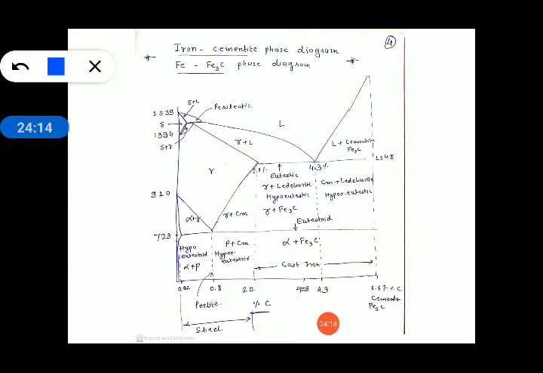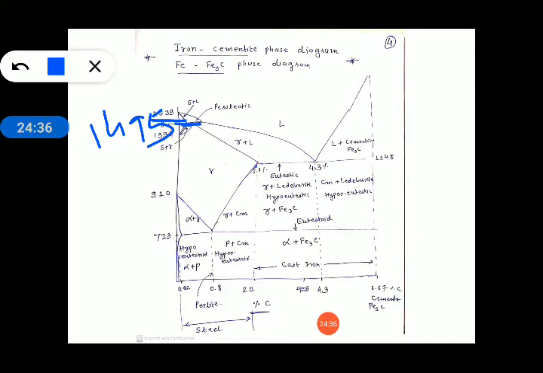Now the third stage. The peritectic reaction happens at 1495 degrees centigrade. That is the peritectic reaction, and this is the reaction at 1148 degrees centigrade.